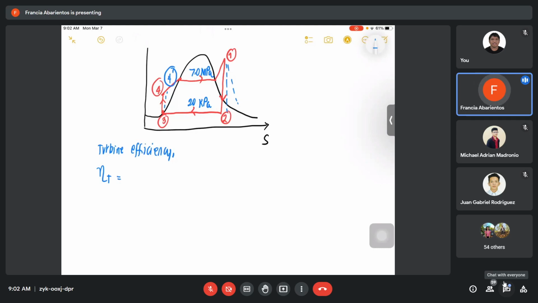Okay, so sa turbine efficiency, that is the actual work of the turbine over the ideal work.